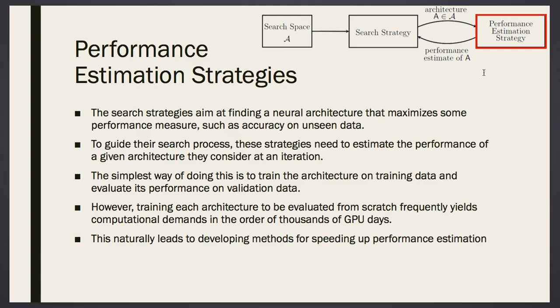So it takes so much time. This naturally leads to developing methods for speeding up this performance estimation. So basic performance estimation is the simplest way of doing it, training the architecture and estimating on the validation data. But it takes so much time. So at this step, we're going to consider different novel methods of doing this faster.